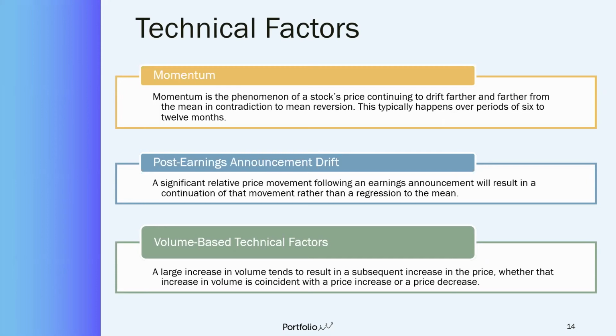Clearly, it's going to be more likely that there's going to be positive news about company A. So A is more likely to have good things happen to it, and that is going to increase its price. B is more likely to have bad things happen to it, and its price is going to continue to fall. And this phenomenon is so powerful over the 6 to 12 month time period that it overcomes the natural tendency of mean reversion.